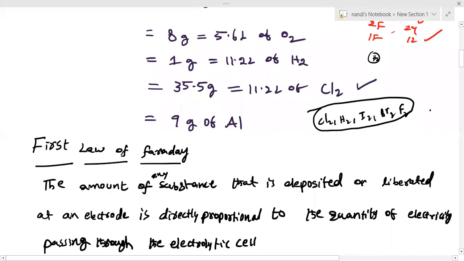Everything we can go through with reasons; you don't need to memorize anything individually. Next is Faraday's law. You noted down up to 9 grams of aluminum, right? Yes or no? You noted down everyone?